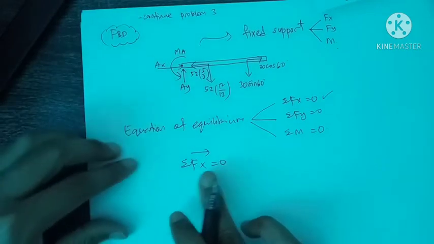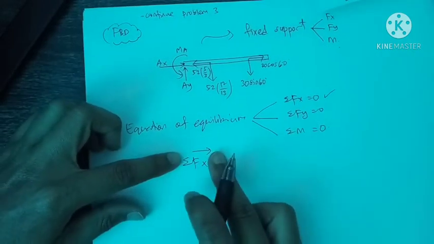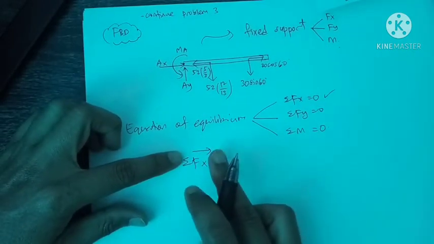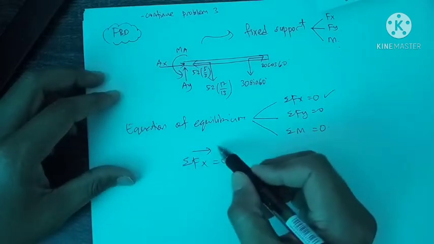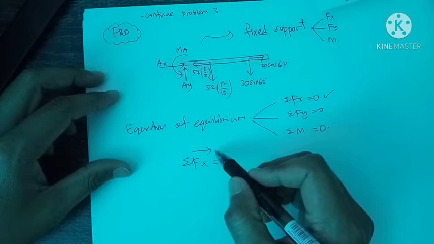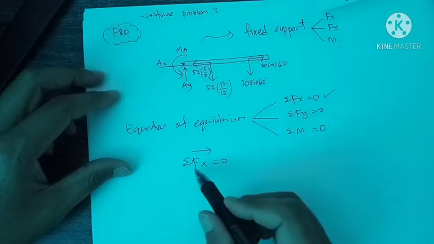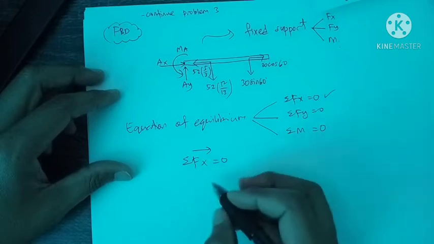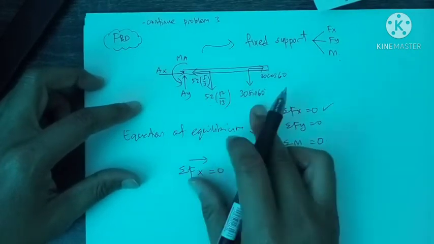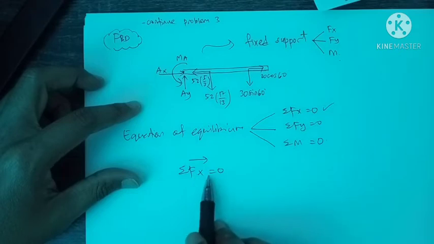Summation Fx equal to 0, with sign positive following this direction. The right direction will be indicated as positive. So we're collecting all the forces in X direction.